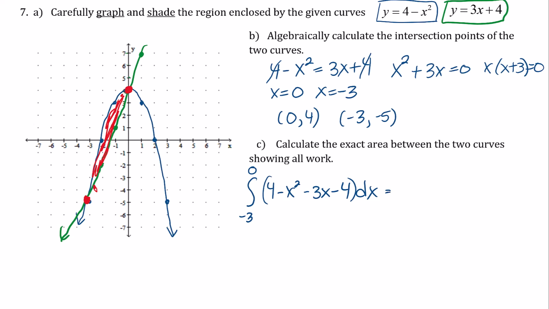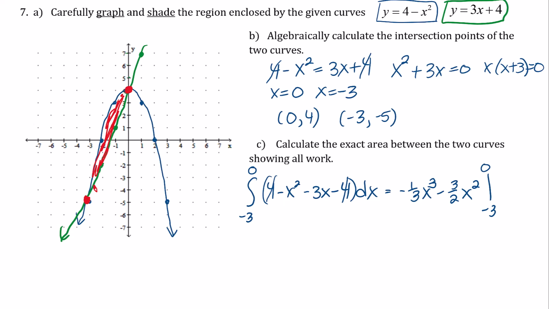Let's do the antiderivative. So this is going to be, actually let's cancel our 4's. Now we'll do the antiderivative, which will be negative 1/3 x cubed, and then we've got negative 3/2 x squared. Evaluate from negative 3 to 0.